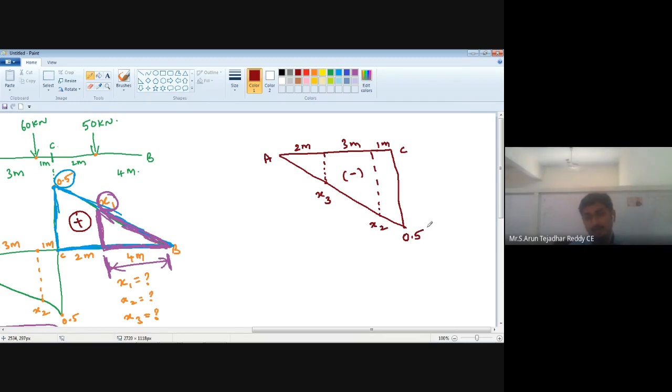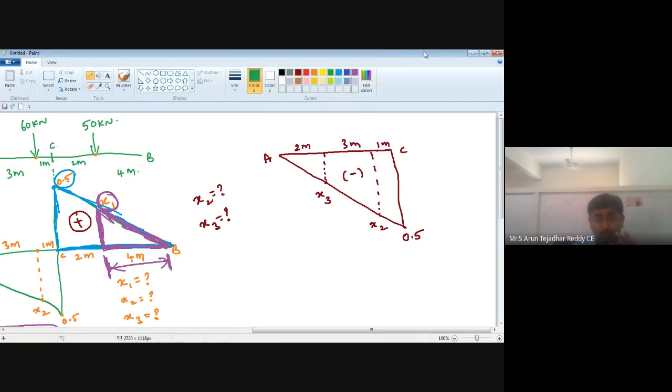So what are the unknowns we have here? x2 is unknown, x3 is unknown. Same concept, from the similar triangle concept we can calculate the x2 value as well as the x3 value. Here I will take a green color.